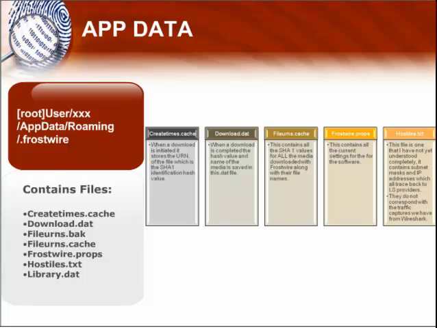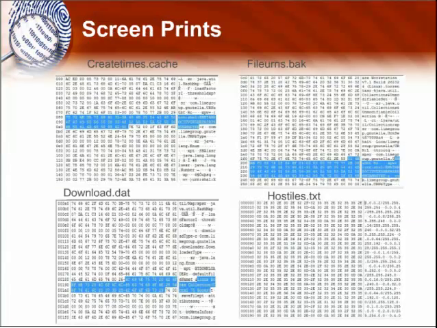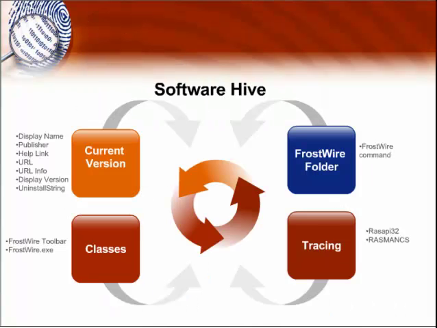And movies, and this will be contained in your library.dat. And there's just an example of how these items will look in hex, and the information that you can find on them. Okay.